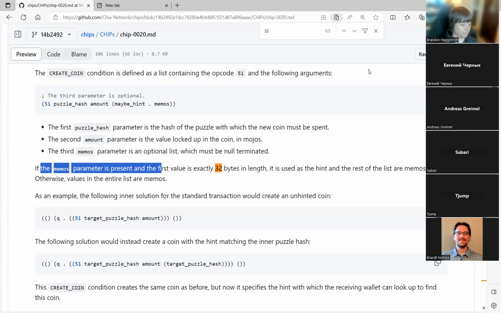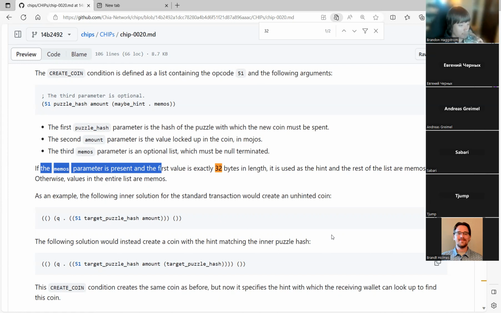But that 32 bytes in length, that doesn't say that it has to actually be a correct coin. It could just be all zeros and that would still be considered a hint. Right, because you don't know whether it's a valid puzzle until it's been spent. So it's not possible to check that.